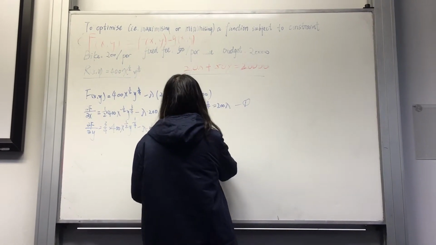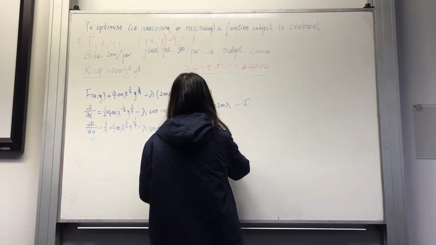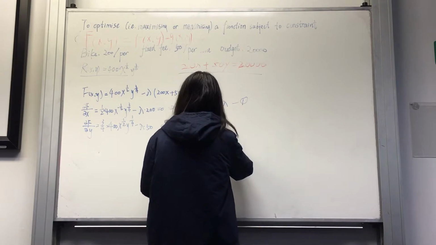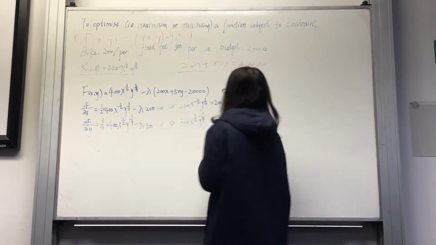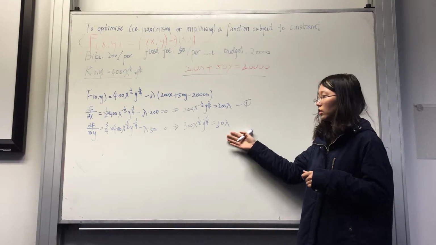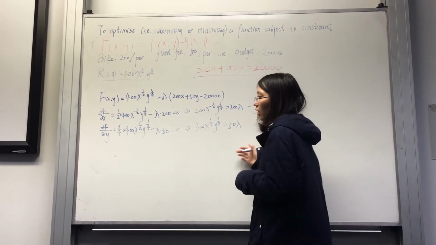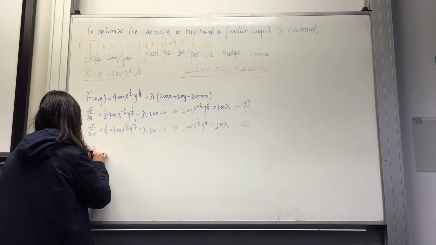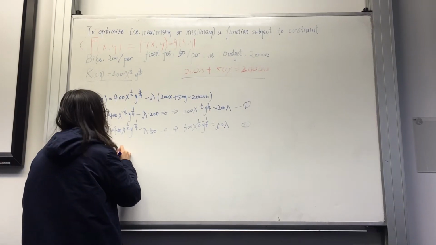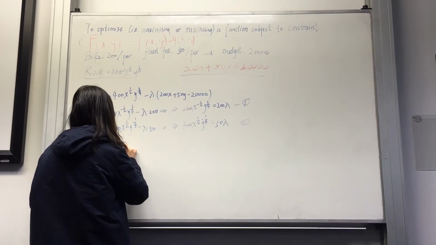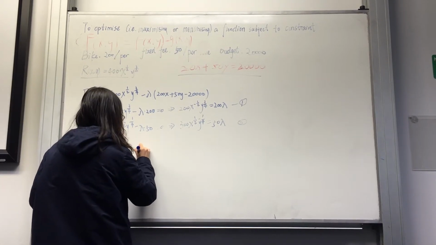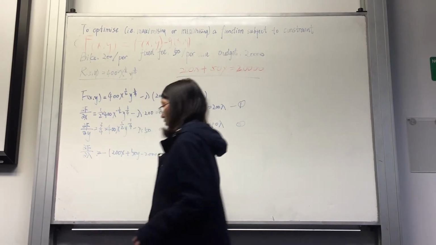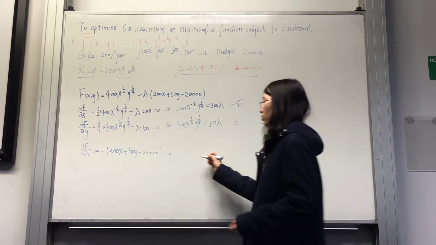We will call this function 2. Then we take the partial derivative with respect to lambda, and we will call this function 3.